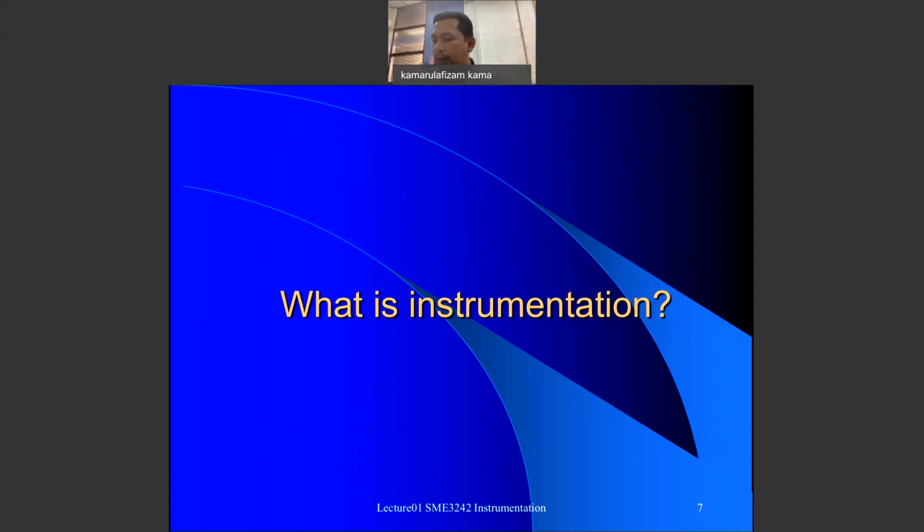So these are the instruments that we basically use, and of course I also have here with me, as you know, the multimeter. So it is also an instrument that I can use to measure voltage, current, frequency, impedance, and many others. These are just instruments that are used to perform measurement.